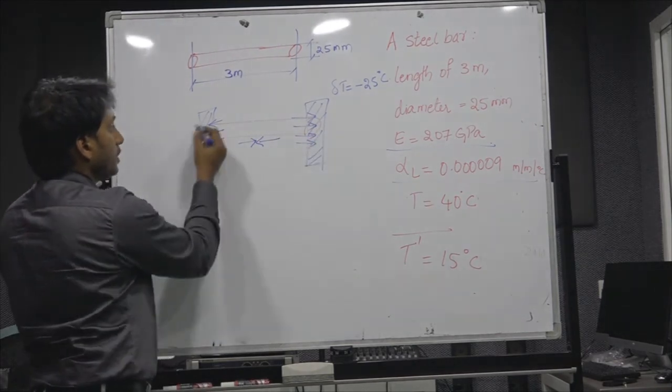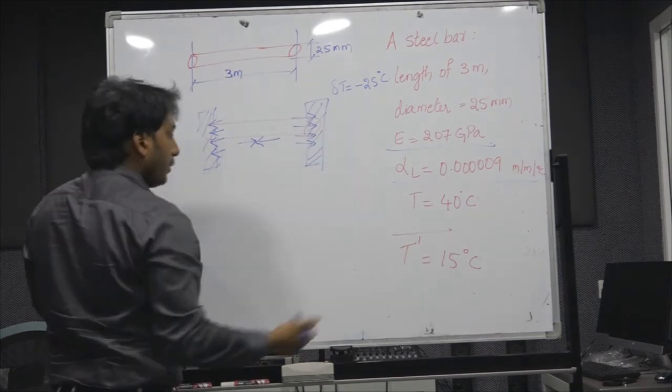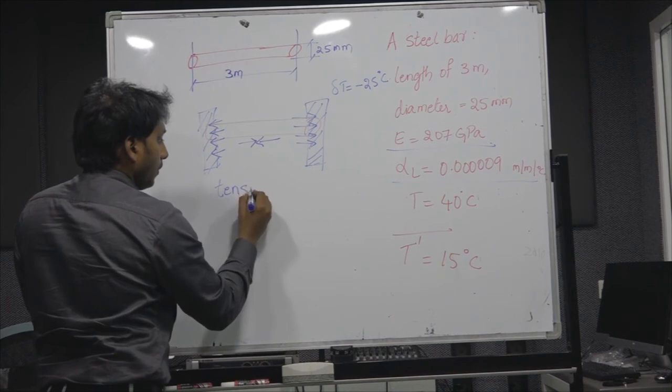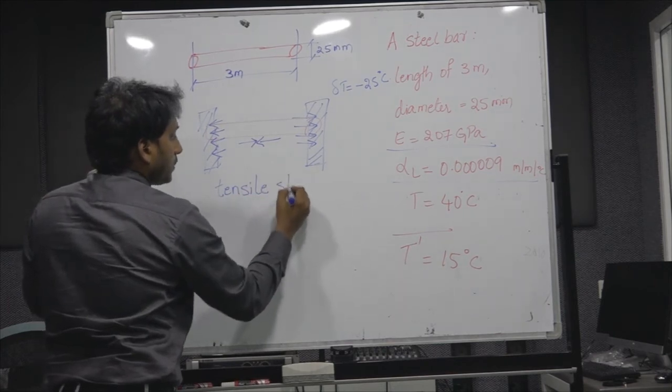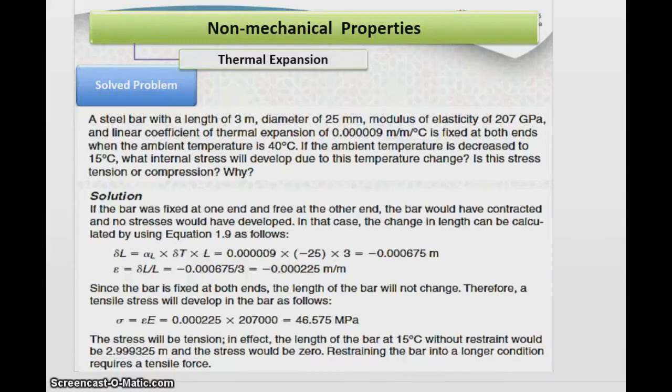The stress developed in this direction, which is elongating the material, is tensile stress. So in a problem asking what internal stress will develop due to this temperature change, you can say the internal stress developed is the tensile stress.